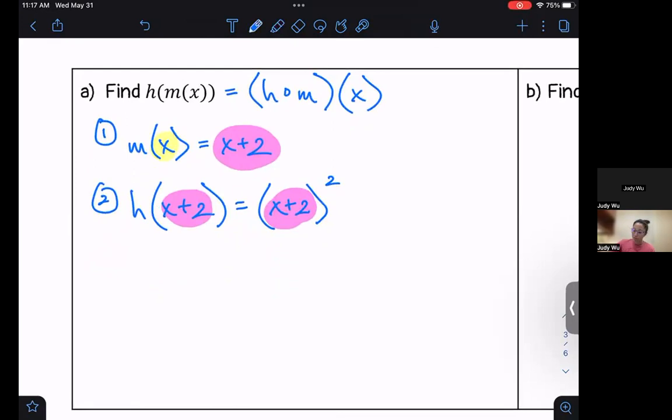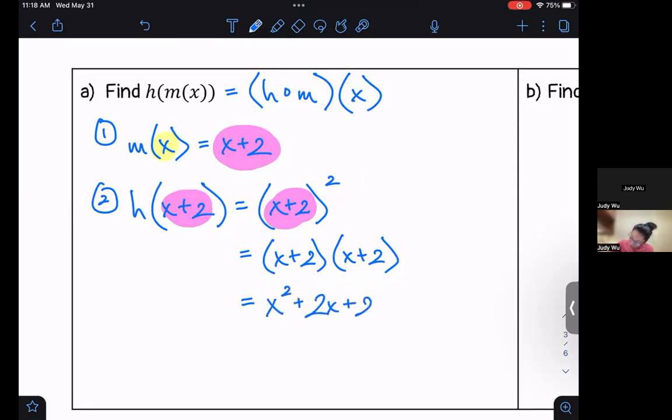Now, this problem is a good time to remember what it means when we square something, right? Squaring something means we take that something and we multiply it by itself twice. In other words, x plus 2 squared is really x plus 2 times x plus 2. In order to distribute everything here, we've got to do x squared plus 2x plus 2x plus 4, right?